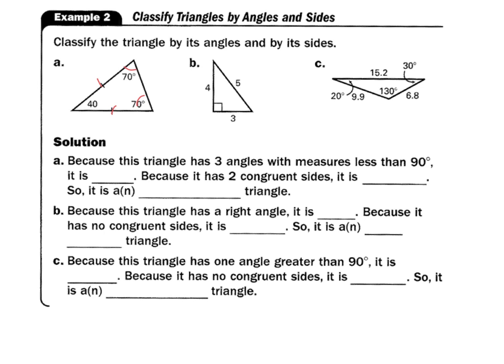So for A, because the triangle has three angles with measures less than 90 degrees, it is an acute triangle. That refers to the shape of it, but in terms of angles and sides, because two angles are congruent and two sides are congruent, so this one is isosceles.